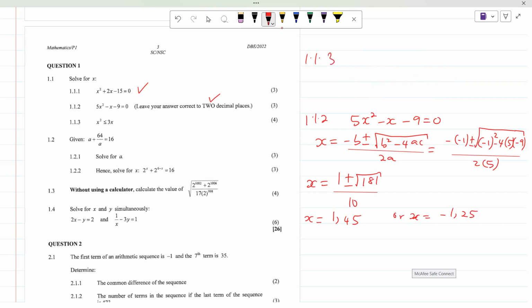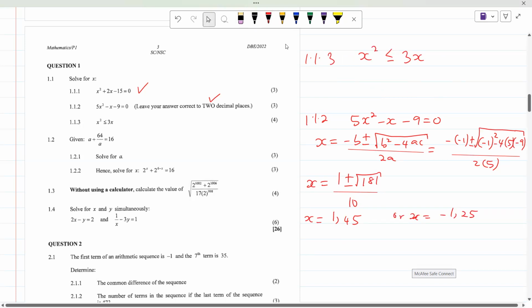What is 1.3? Can you see me? Yes, I'm able to see you. I'm able to see you, but I made it such that you can't see me. I made it on purpose.